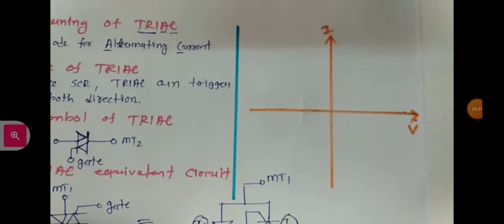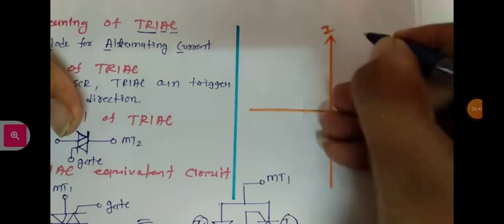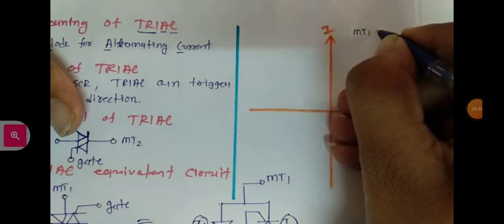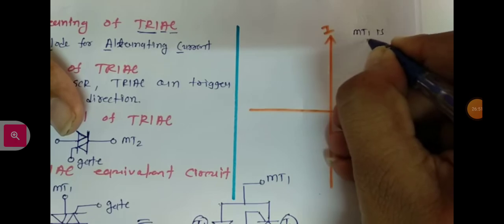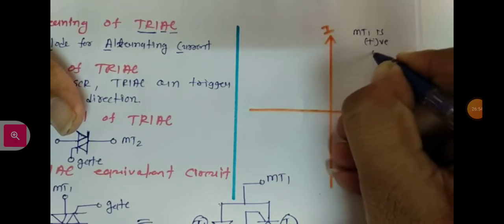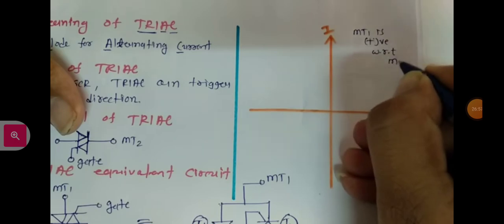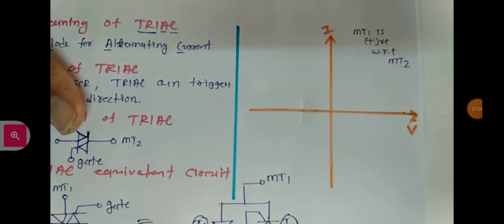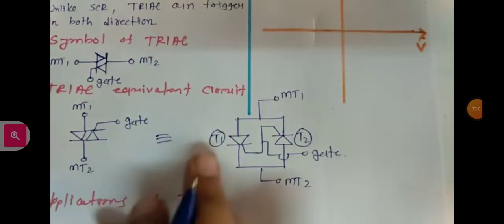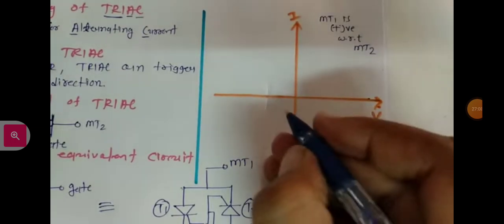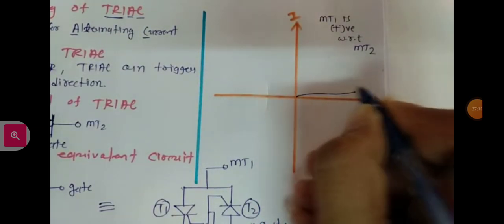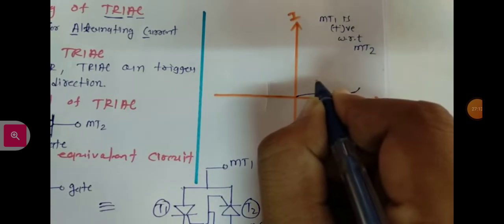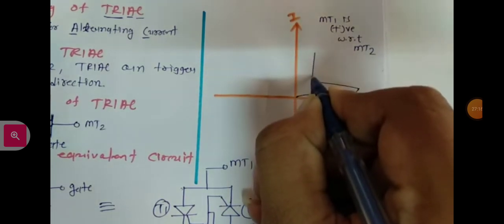So when we see its characteristic, if MT1 is positive with respect to MT2, at that time T1 is in forward bias and T2 is in reverse bias. So one can clearly say its characteristic is like this. And here we have gate control even.